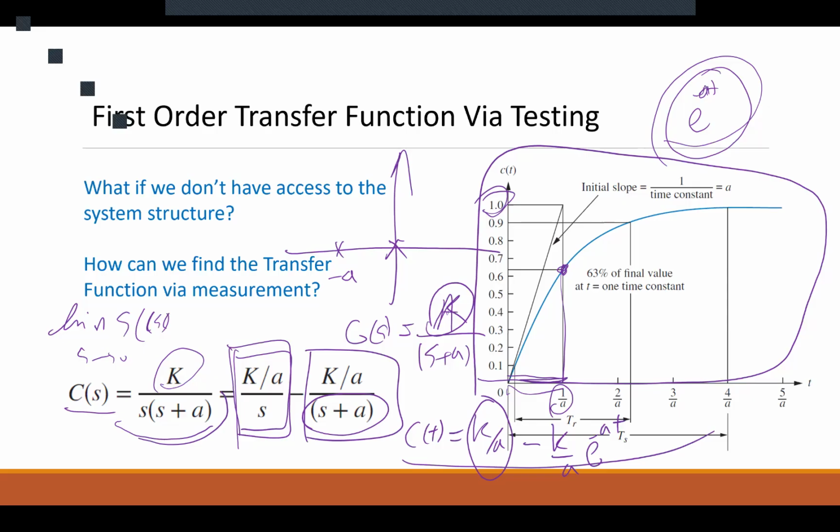Does that make sense? This minus sign is also in the transfer function, so be careful about that. Are we good? Any questions? Is it clear how we reach that transfer function from the measurement?